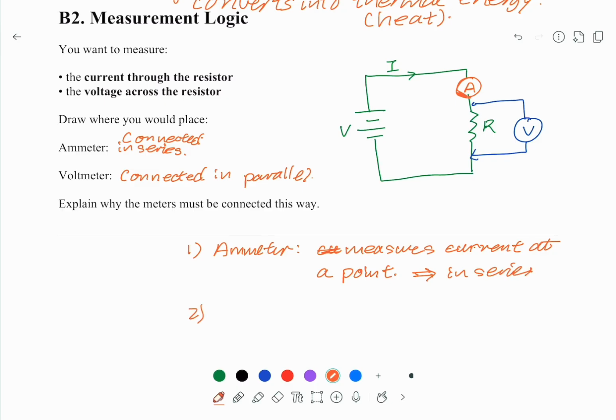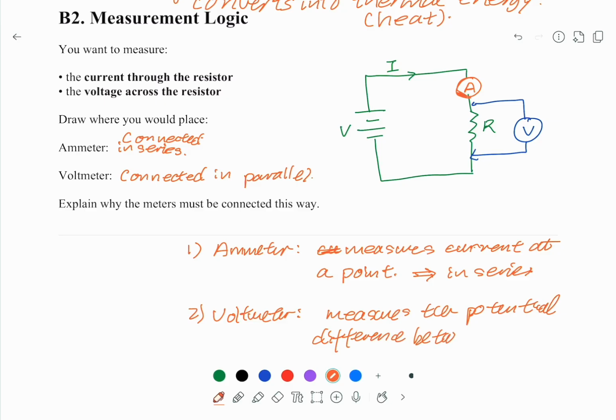As for the voltmeter, it measures the potential difference. Remember, say the difference. So it means between 2 points. Therefore, it is connected in parallel.